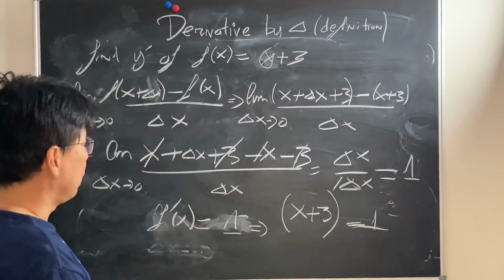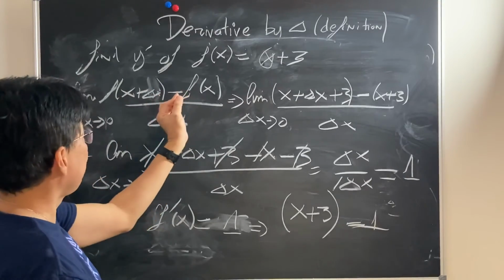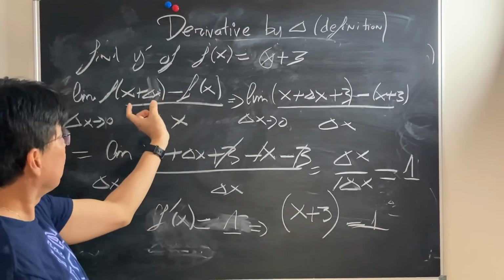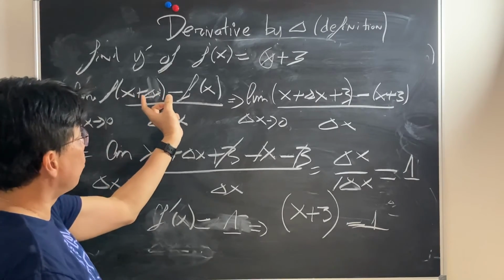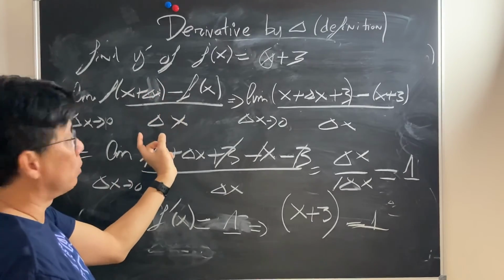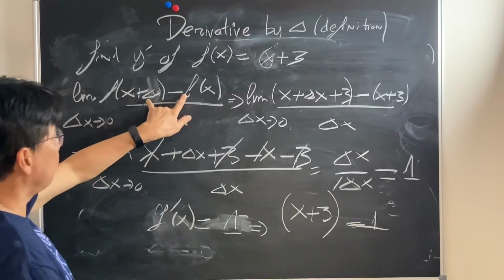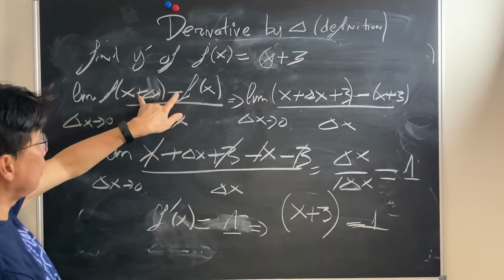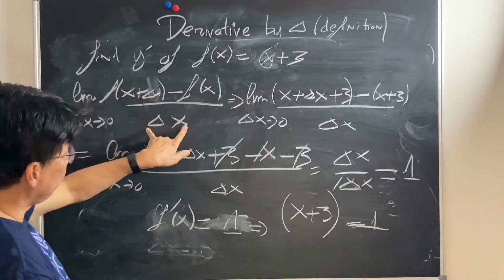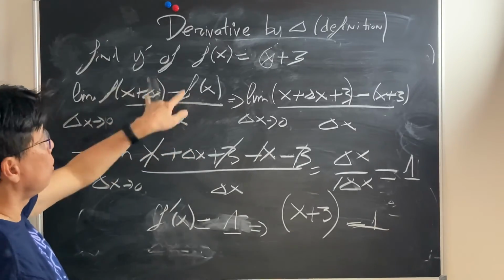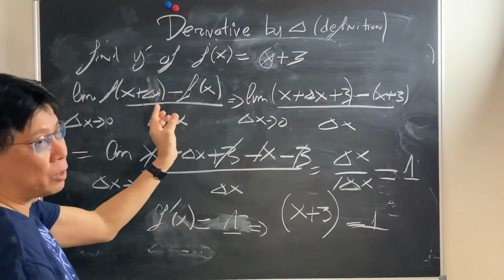Derivative by delta, by definition, is the change of y with respect to the other variable: the ratio of the difference, delta y over delta x, the change of one variable to the other variable.